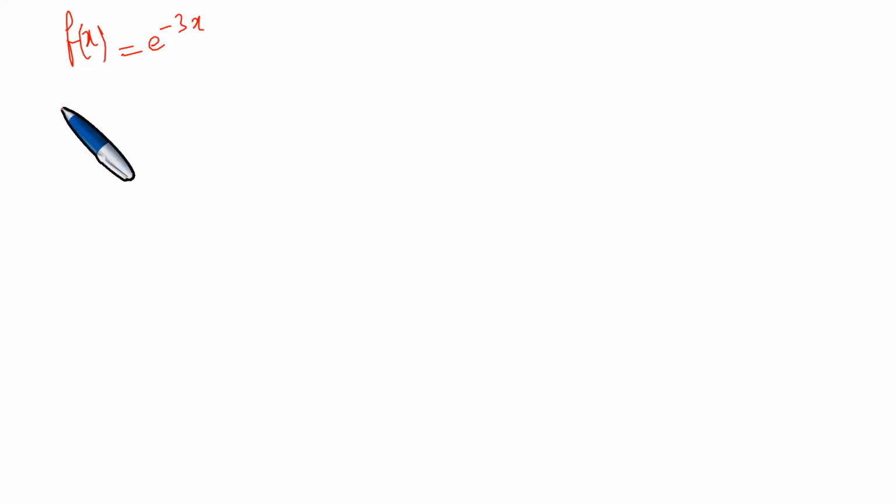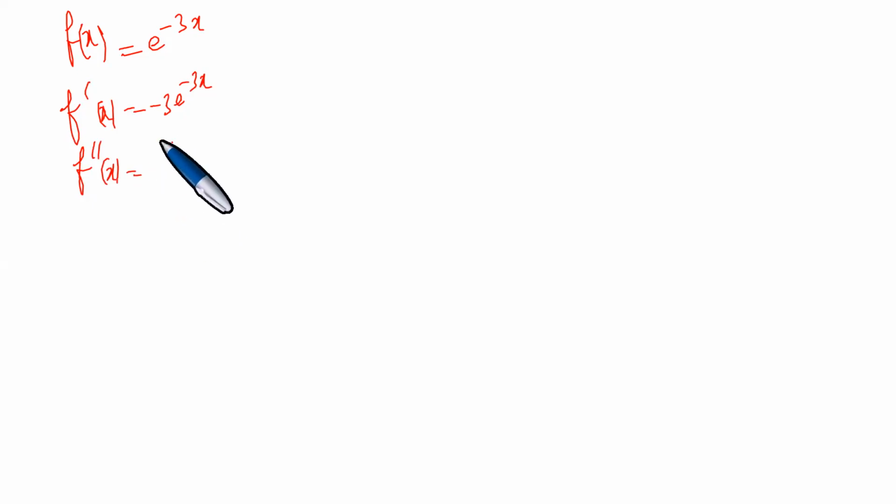So now we have f prime, which is minus 3e to the minus 3x. If you find the derivative of this, you multiply the exponential function by the derivative of the exponent. That is how we differentiate the e function, which is a special type of exponential function.